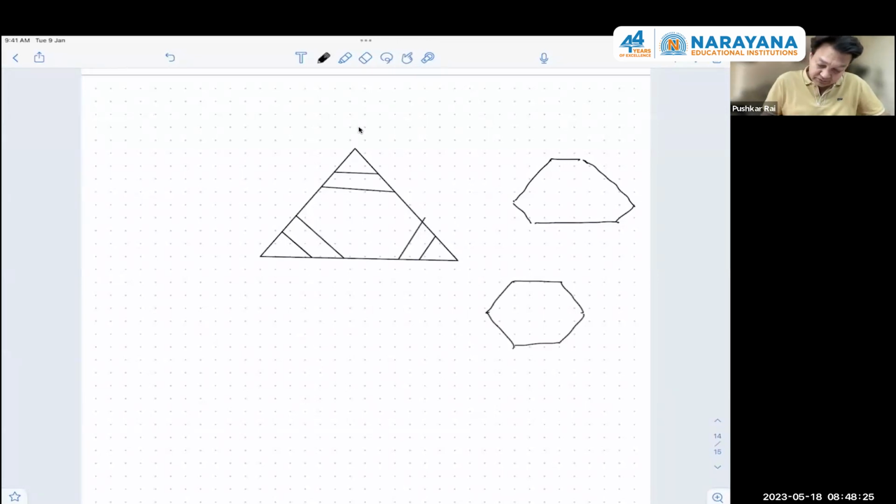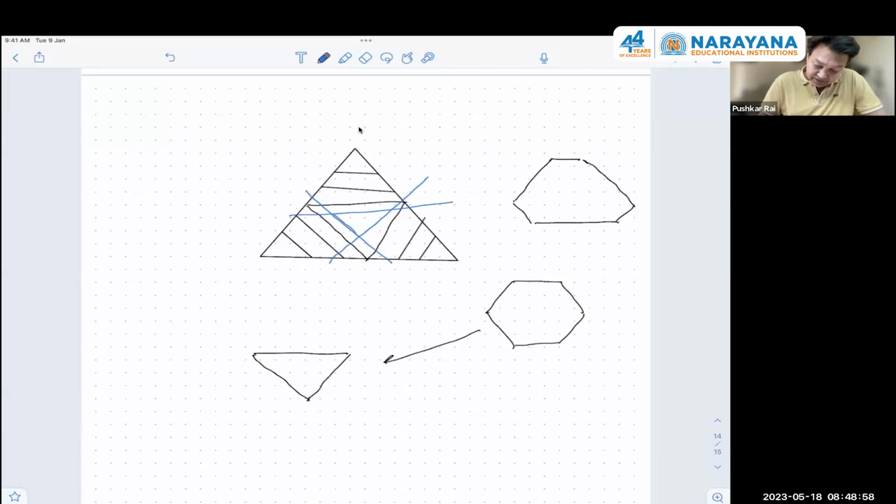After this stage, if you start cutting it, it will take the shape of an inverted triangle. And when you continue cutting, see, I'm using another pen, suppose a blue pen. Cutting it like this, like this, and like this.